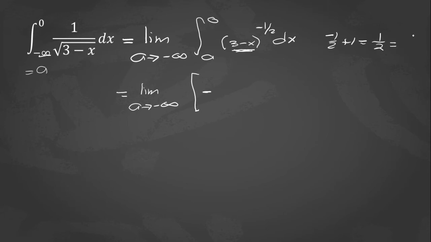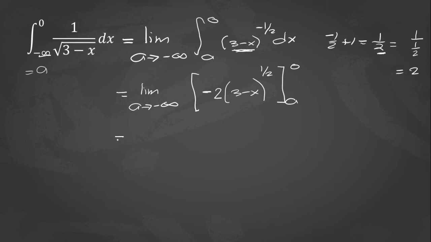Taking the reciprocal of this, 1 over 1/2 is equivalent to 2. Thus, you multiply this to the whole term of the integral. So we have 2 and our value of 3 minus x. Now this will become our new power, that is 1/2, evaluated from a to 0.